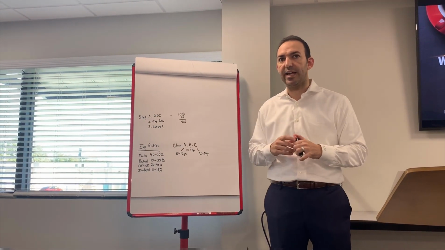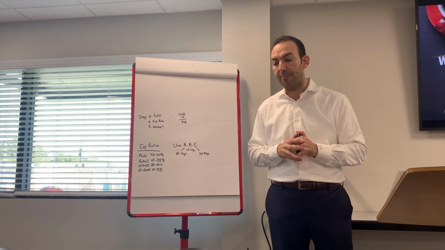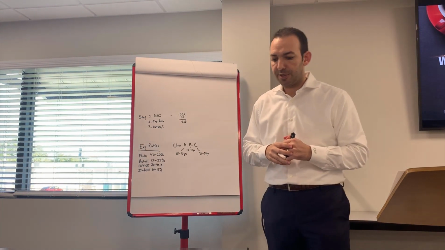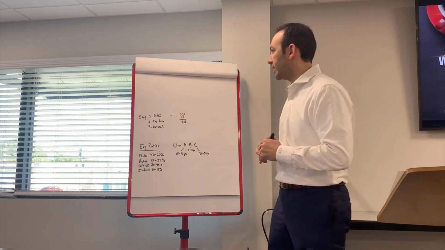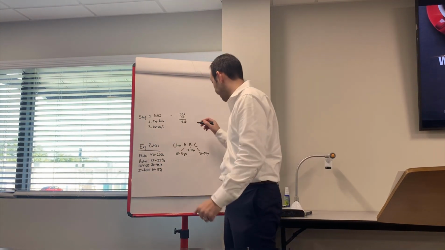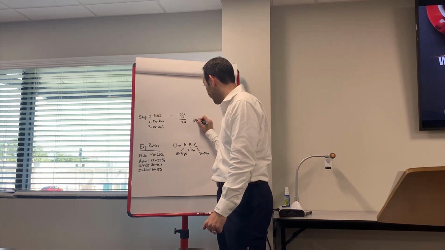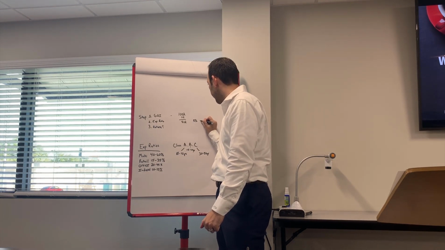Now retail, I don't know if you're gonna get a 10 cap on retail right now. It's probably not gonna happen. So you're gonna have to be a little more realistic, and let's say you can get an 8% return, which is not that crazy.